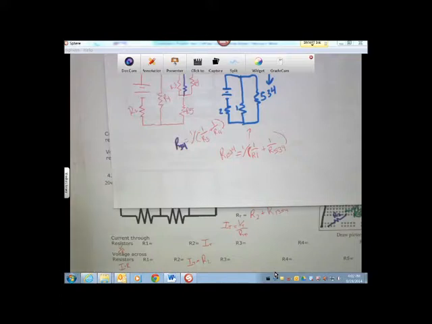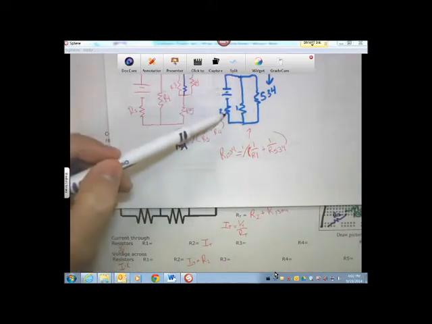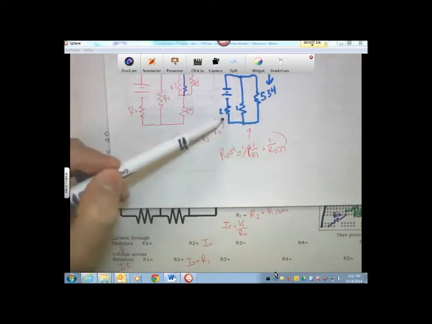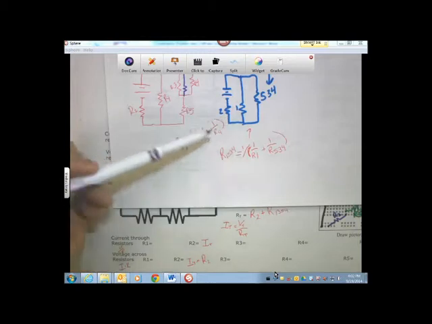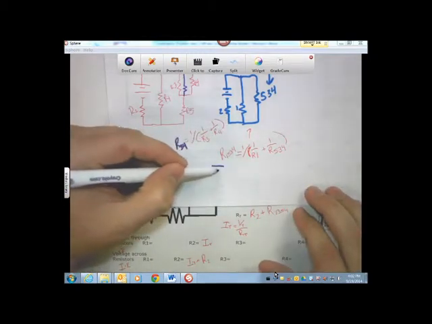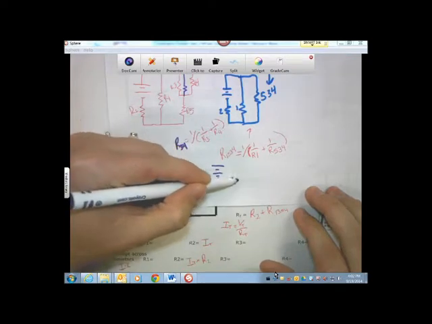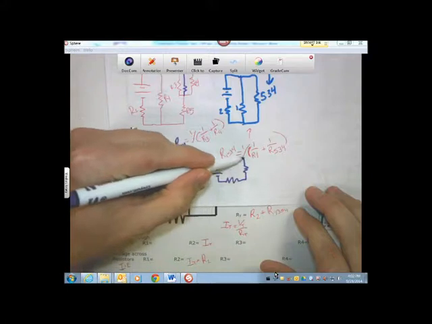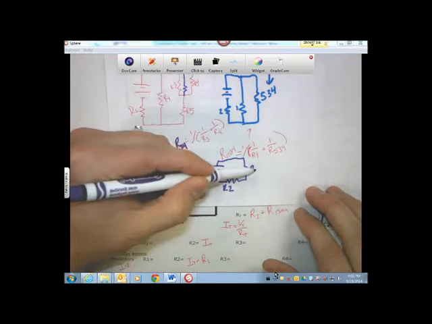So now I need to find information on R1. So when looking at the circuit like this, we see one series resistor and two in parallel. Well, let's combine these ones in parallel as we did down here, and it becomes easier because we have this being R2 and this being R1.